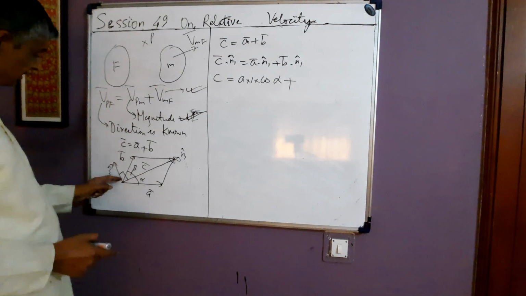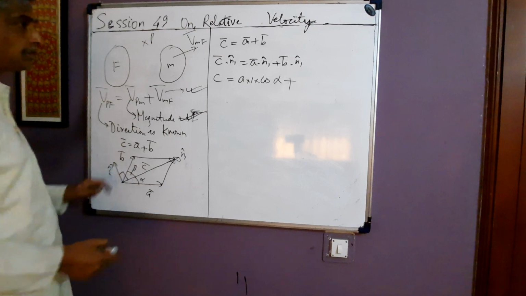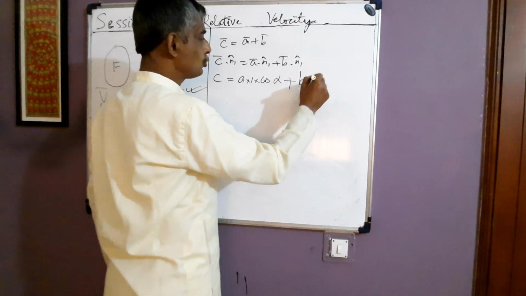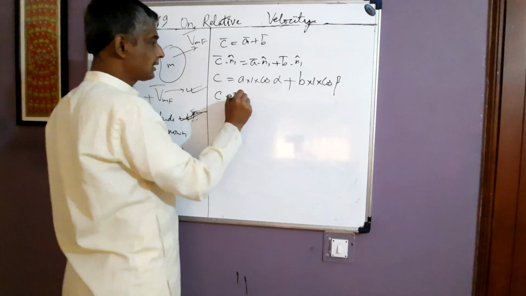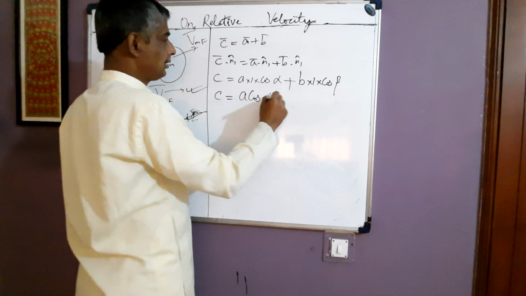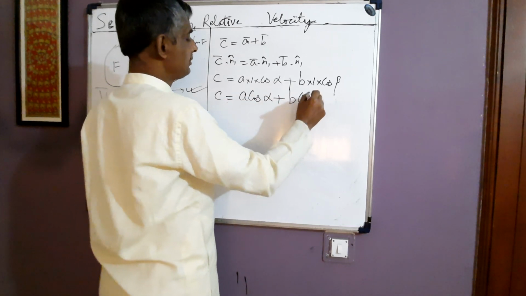And B dot n1 hat, B is this, n1 is this, the angle is beta. So this becomes B into 1 into cos of beta. So C becomes A cos alpha plus B cos beta.